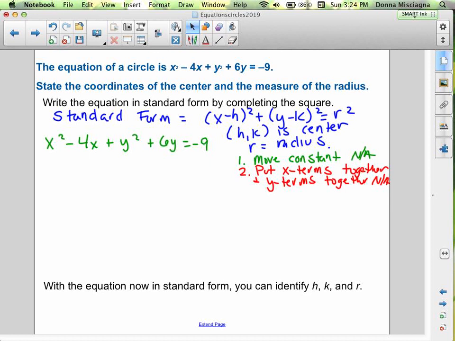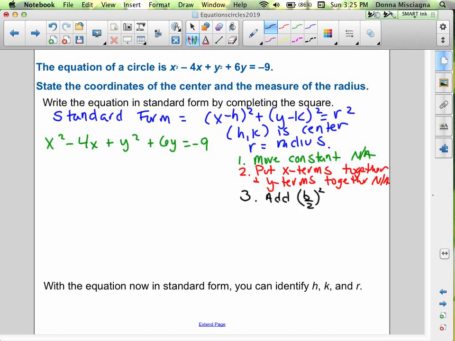So the first two steps aren't needed because it's already been taken care of for us when we were given the equation. Step 3 is to add (b divided by 2) squared for the x terms and the y terms to both sides.